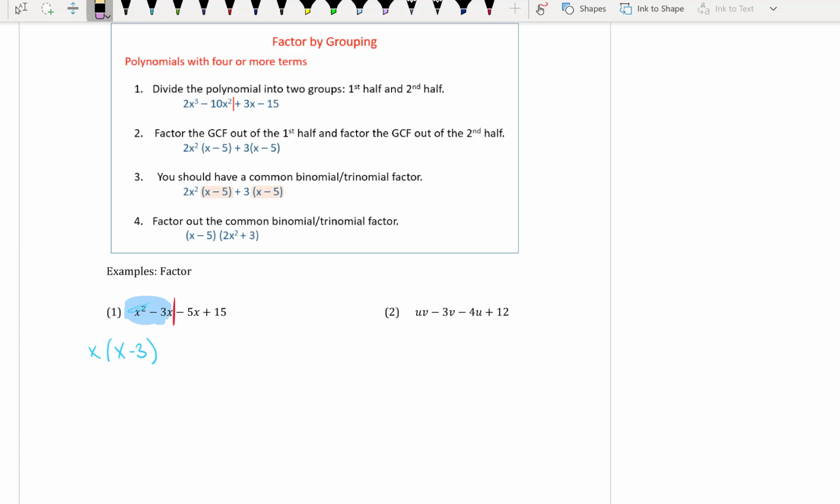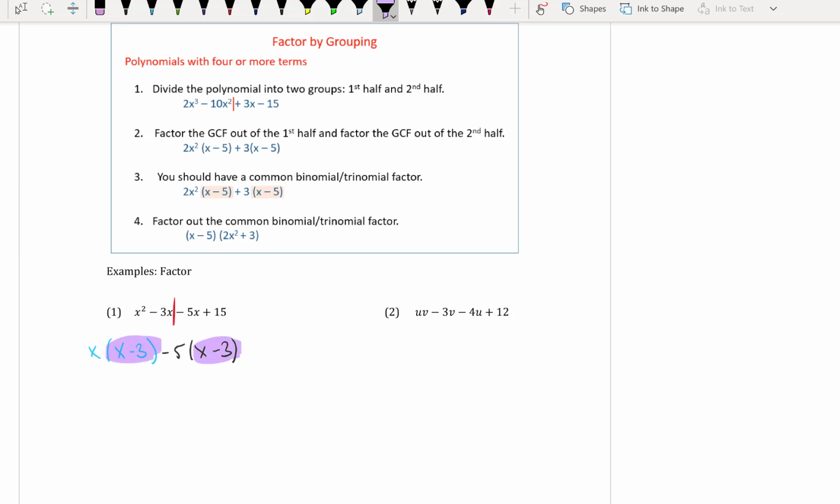Now I want to ignore that half and think about this half over here. It looks like I have a negative 5, since the leading coefficient is negative. So I'll be left with an x, and 15 divided by a negative 5 gives a negative 3. Now I want to see the common parentheses they both have.